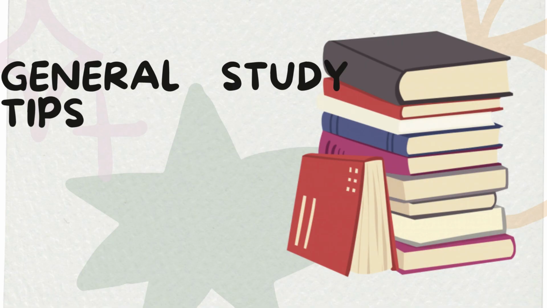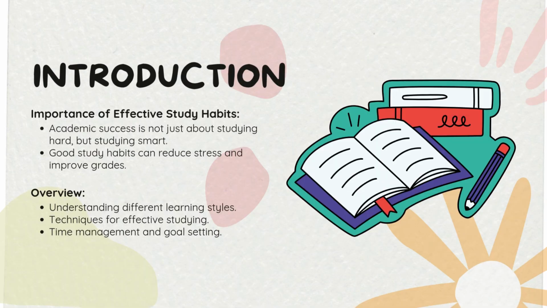And then now we are moving to general study tips. So this is just general study tips you can use for any subject that you are doing when you are studying. Okay. Importance of effective study habits. It's for academic success.